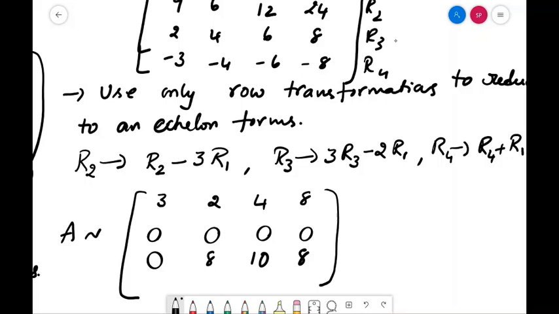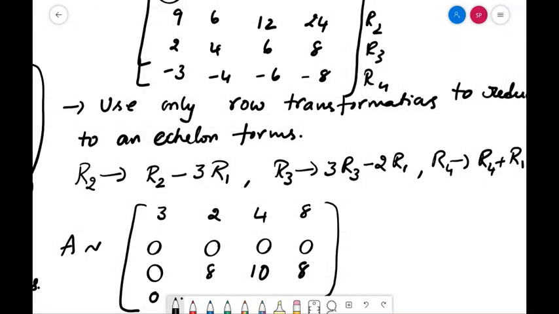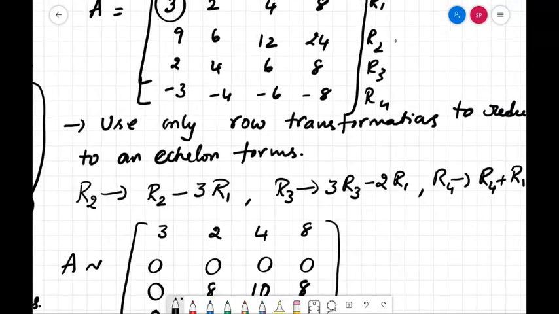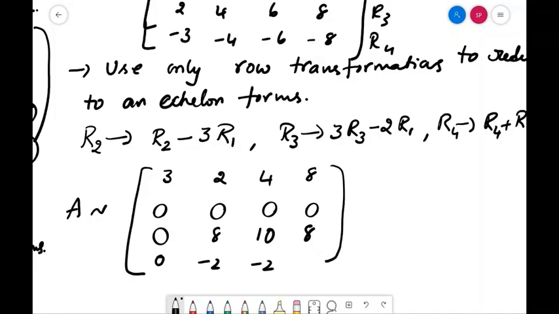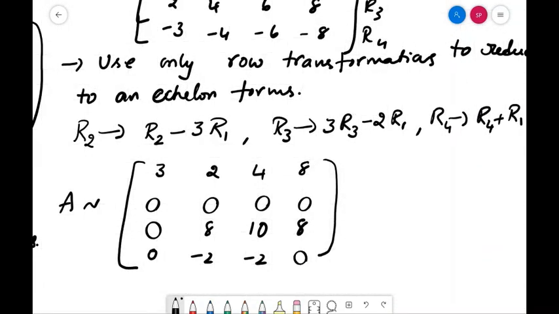The last one is R4 plus R1: minus 3 plus 3 is 0, minus 4 plus 2 is minus 2, minus 6 plus 4 is minus 2, and minus 8 plus 8 is 0.